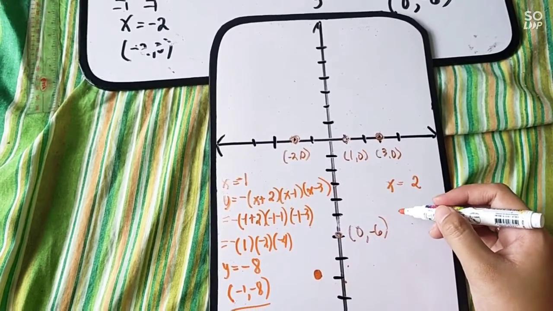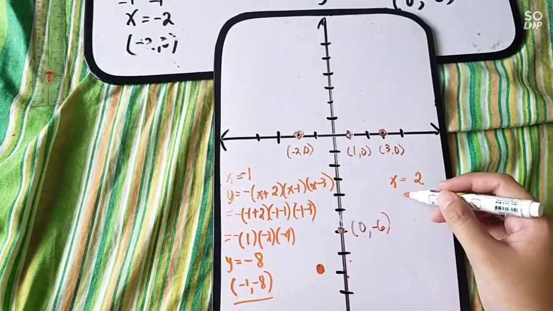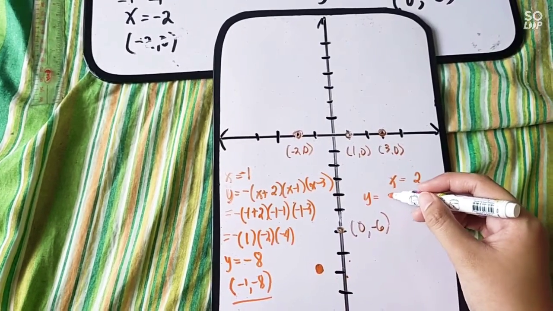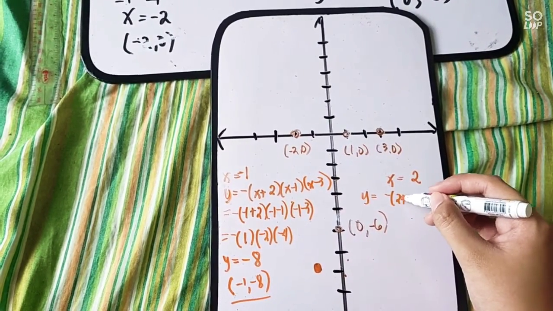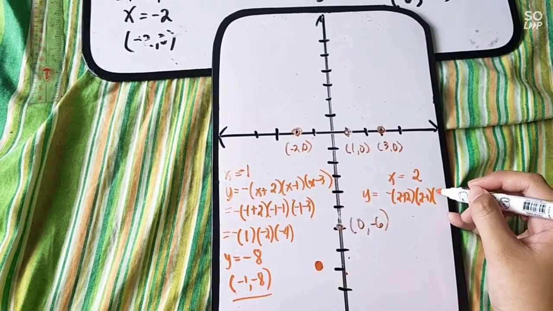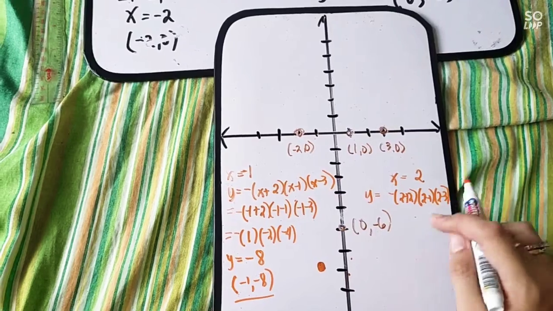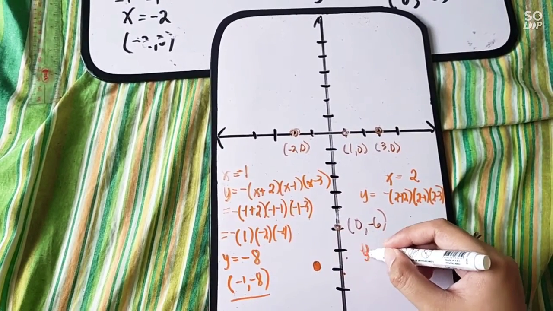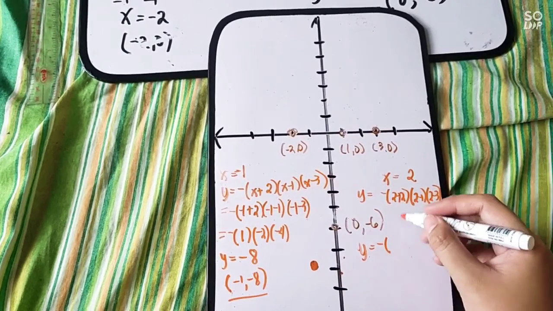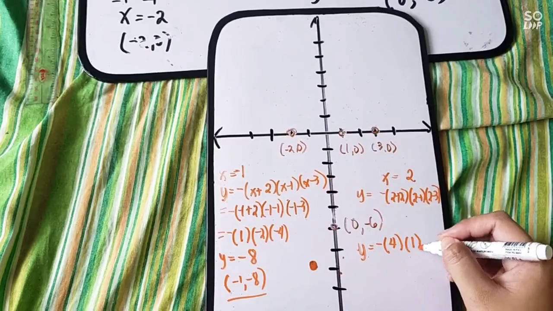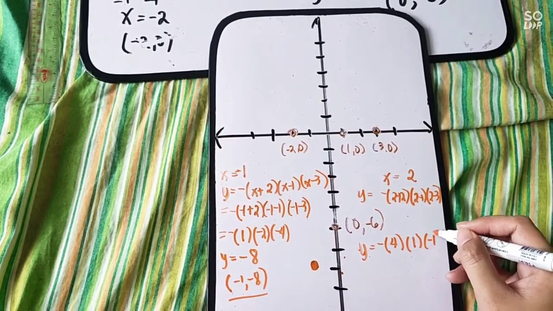So we are going to substitute again to the given. y equals negative times (2 plus 2) times (2 minus 1) times (2 minus 3). I just changed the x's into 2. So y equals negative times 4. 2 minus 1, we have 1. 2 minus 3, we have negative 1.